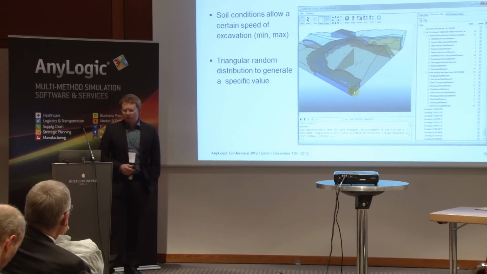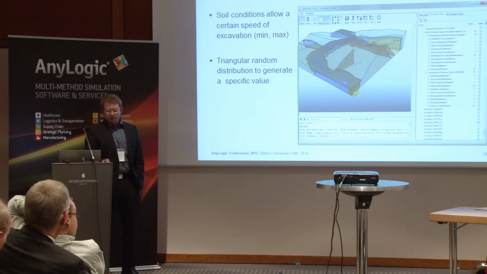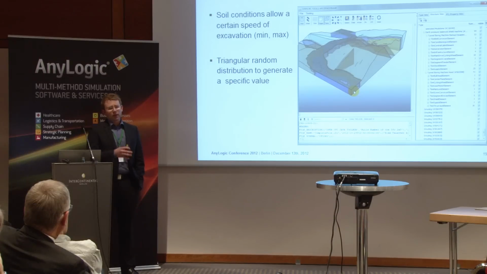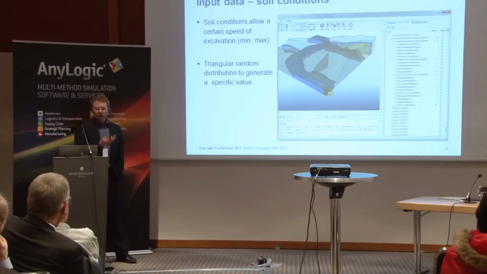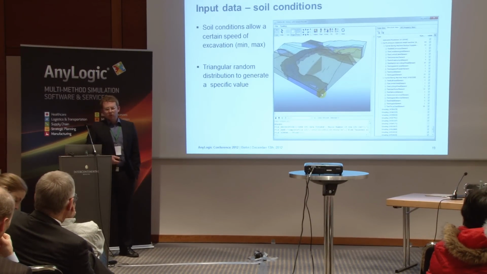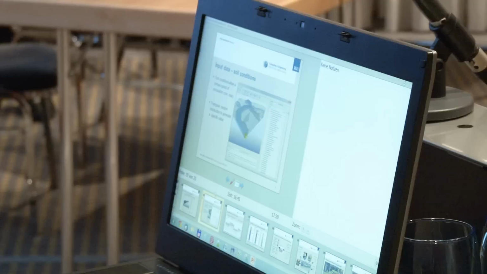The same we do for the soil. We have a model of the soil, and we assume that each soil layer allows a certain speed of excavation with this minimum and maximum, as I showed for the technical disturbances, pretty much the same idea. We just use a triangular distribution to generate these values.